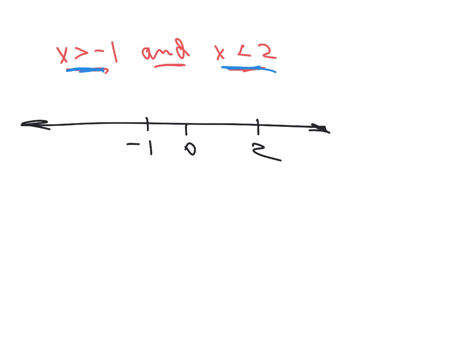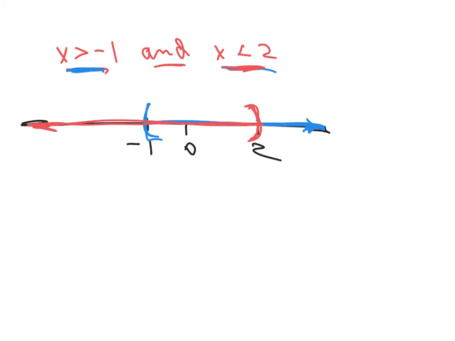So x is greater than -1. So I'm going to put rounded and go greater than. And then in red, I'm going to do x is less than 2. Rounded, less than 2 into infinity.